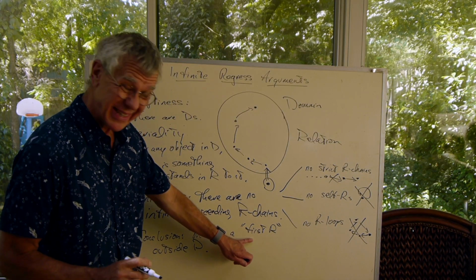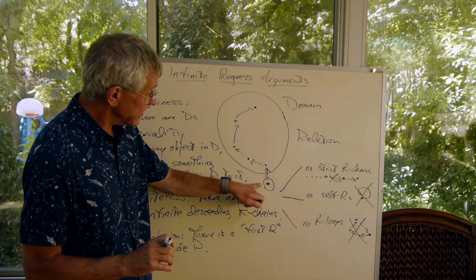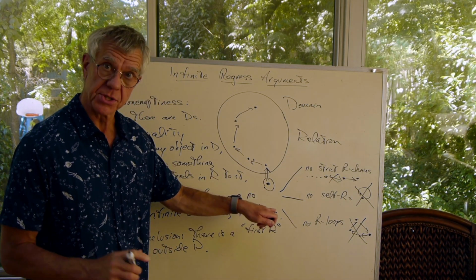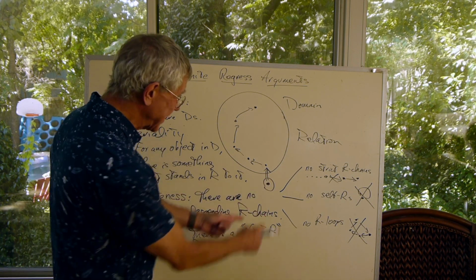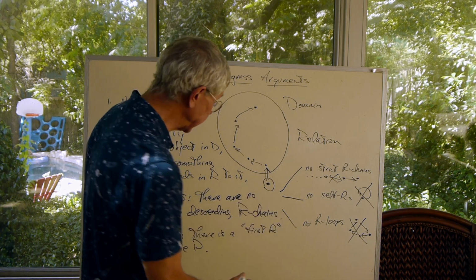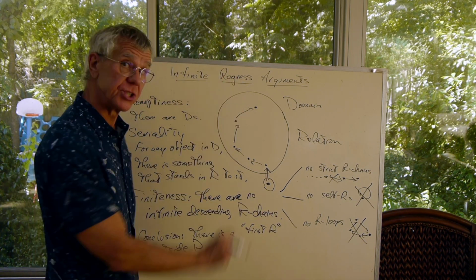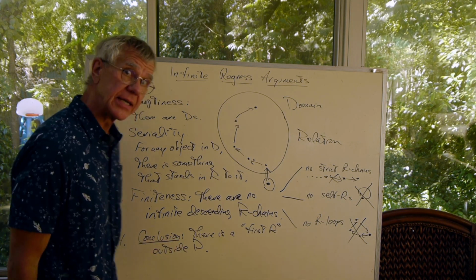What I mean more technically is an R-minimal element. Something that does not have anything else that stands in that relation to it, with it as its second term. So there's nothing that stands in that relation here. It's the starting point of this chain. And so there's got to be such a thing as that.